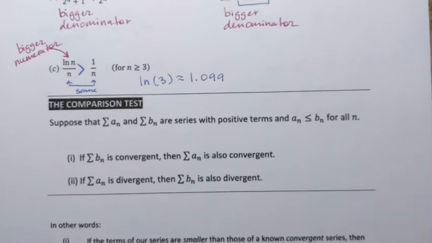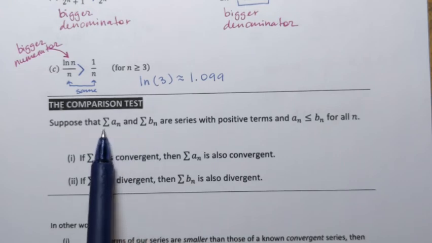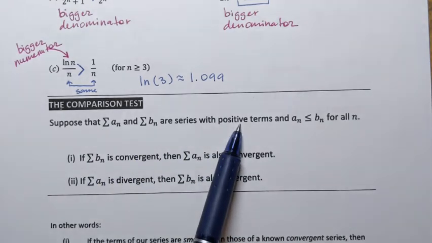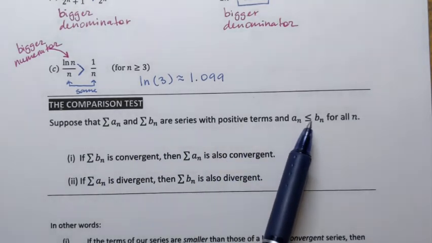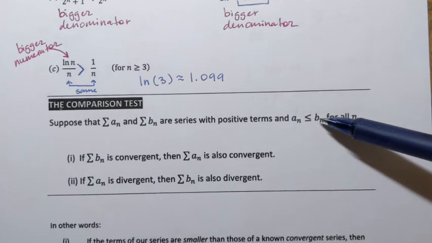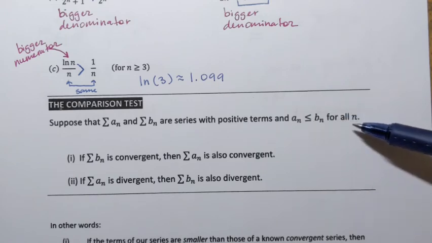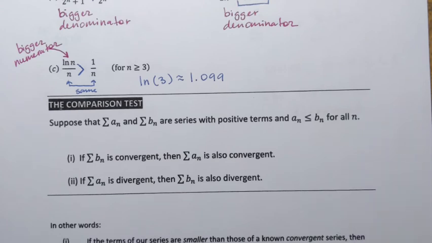A good candidate for that would be, let's say, a p-series, because it's easier to determine convergence or divergence for the p-series. If we have those two series with positive terms, that's important, and we know that terms of the first series are consistently less than or equal to the terms of the second one for all n, then this is how it works.